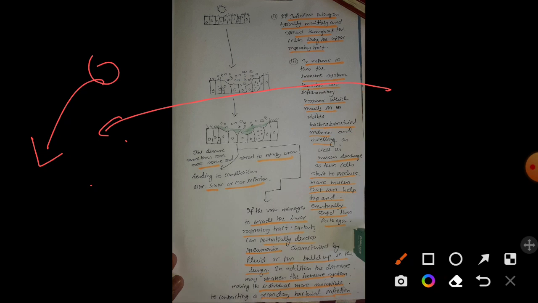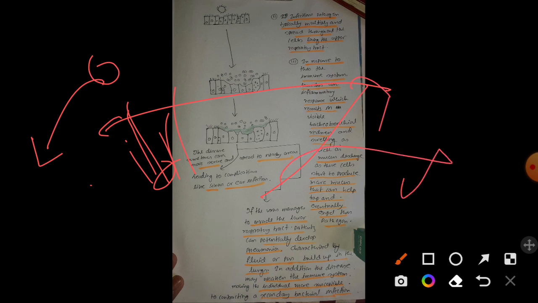After that, the cells start producing mucus, and this mucus will trap the virus and help the immune system to expel the virus. Now after that, if the virus can protect itself, it can spread to nearby areas. If it can reach the ear, it can cause otitis media. If it can reach the sinus, it can cause sinusitis.